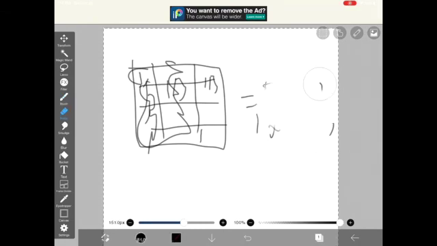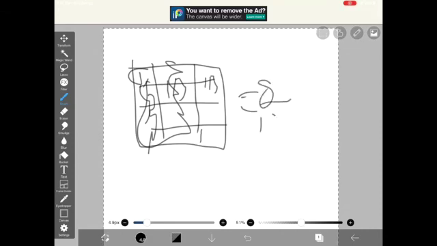Hold on. This equals 8/12. Reduce that by 4, and you get 2/3. So that's how you solve that problem.